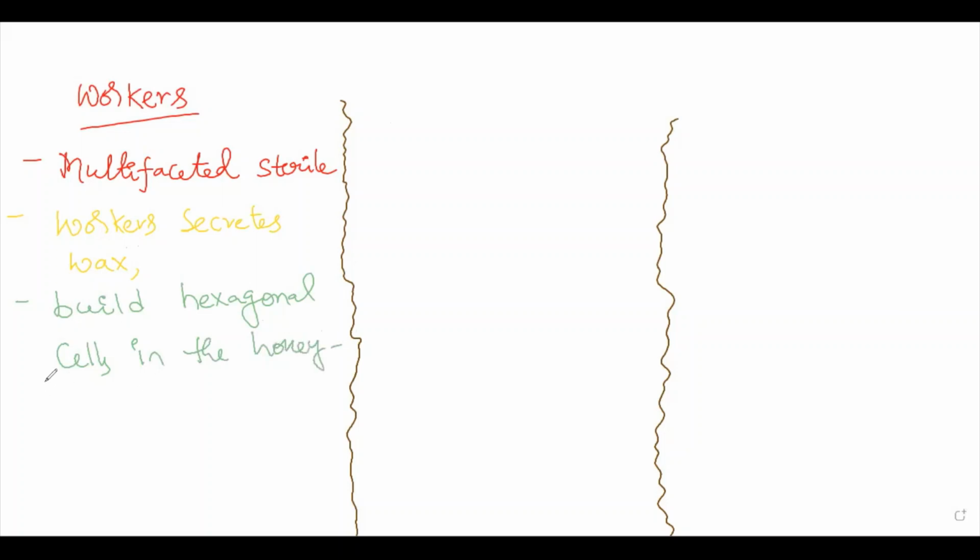Hexagonal cells in the honeycomb are built by workers only.